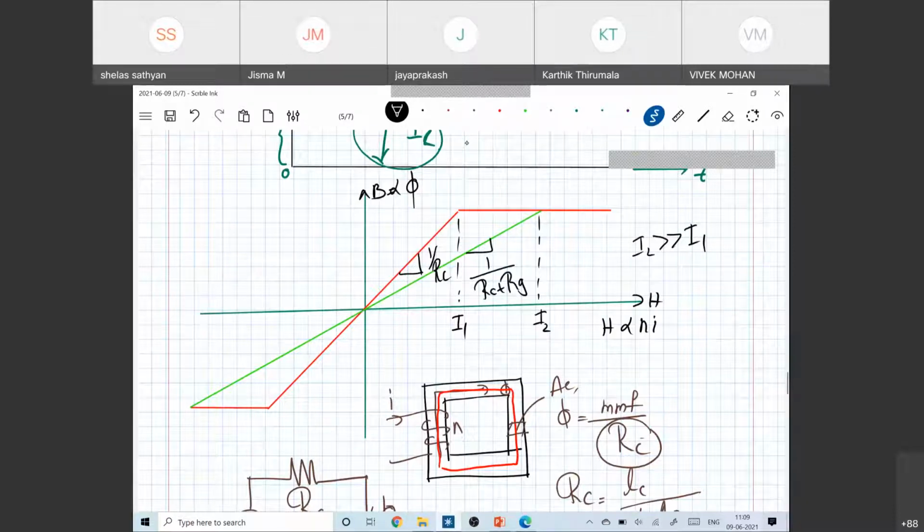There are two advantages we get by introducing the air gap. One is we can delay the saturation. Previously, without the air gap, the inductor might have saturated at the current I1. Now once you introduce the air gap, you can have a higher DC current flowing through the inductor without getting saturated.